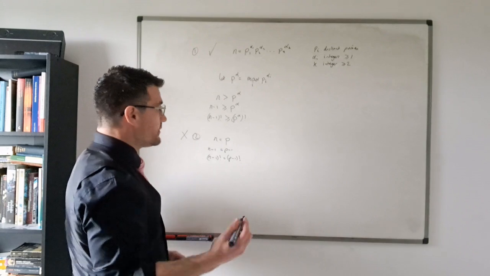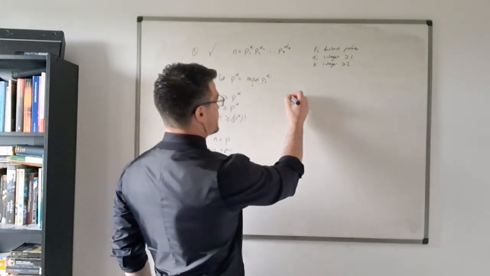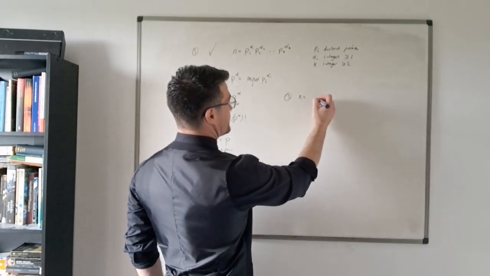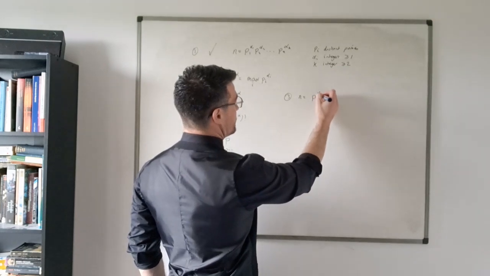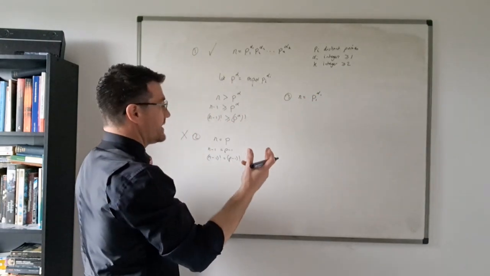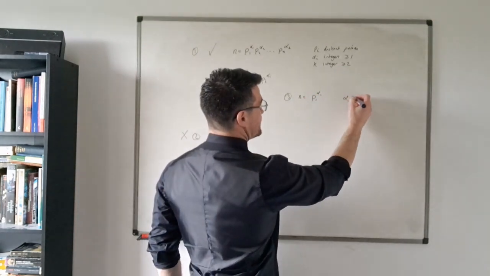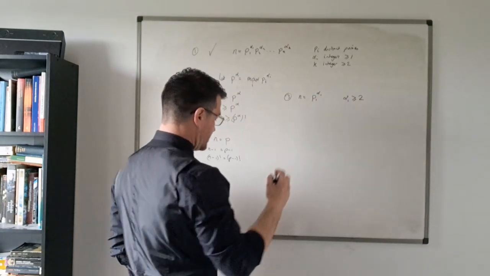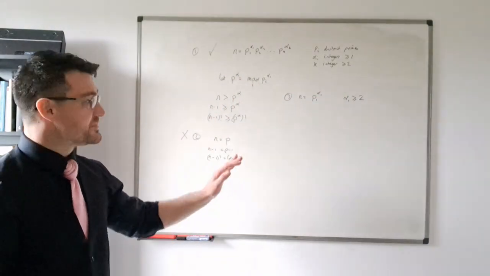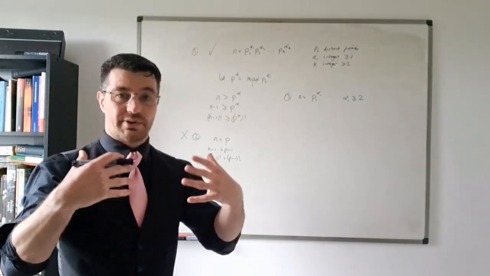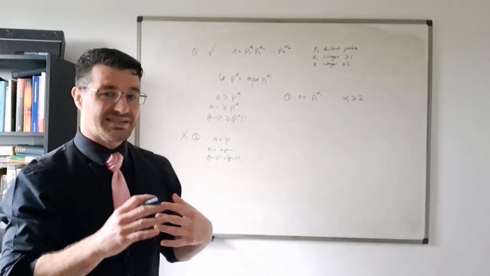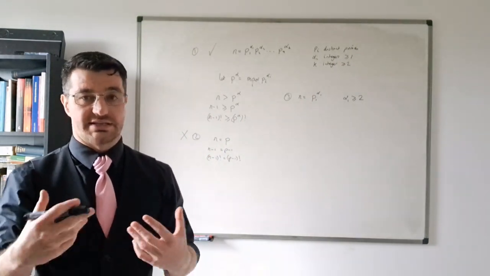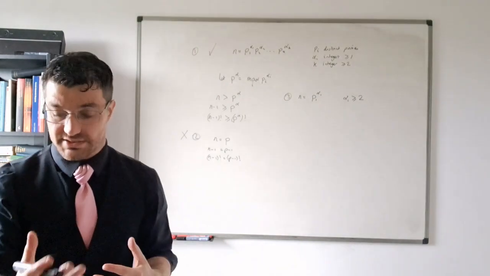Okay, now we need to consider the case where n is equal to p1^alpha1, where alpha1 is greater than or equal to 2. Okay, so we've already considered pure primes. Now we need to consider genuine powers of primes. And this is where we need to start looking at different cases.